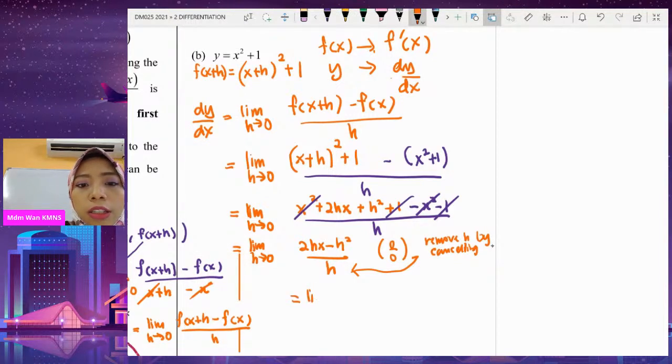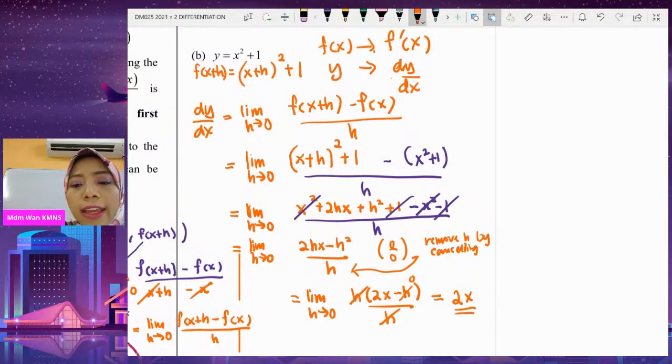So we continue limit h approaching 0. h cancel, factor out over h, cancel, and then you substitute 0 for h, so we get 2x. Understand or not?